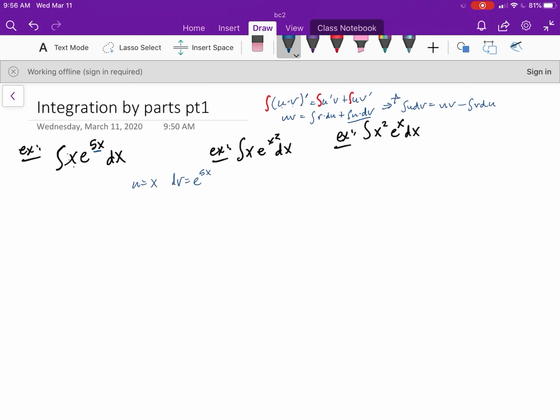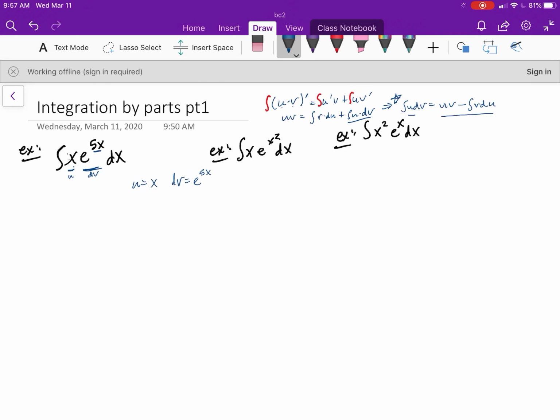This is the formula for integration by parts. So with that said, I had u here and dv here. If I call this u and this dv, I can now apply this formula, the integral of u dv is equivalent to this.